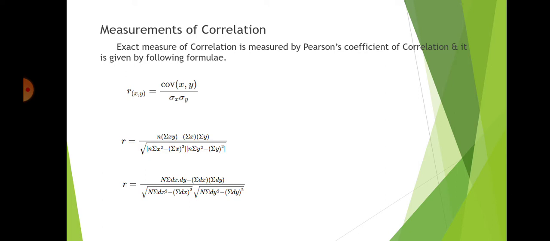For a bivariate data, this becomes n sigma f dx dy minus sigma f dx into sigma f dy, divided by square root of n sigma f dx square minus sigma f dx whole square, into n sigma f dy square minus sigma f dy whole square. So whenever we come across such a problem, you have to notice.